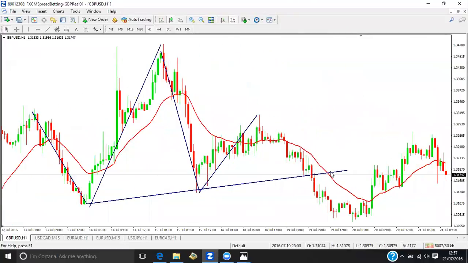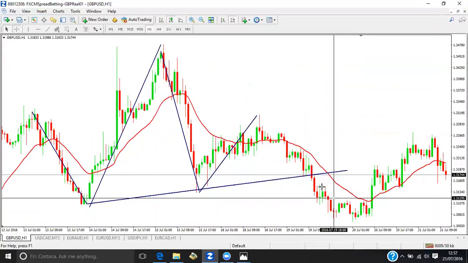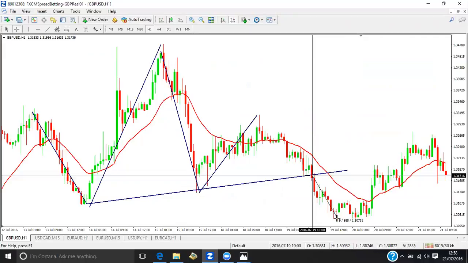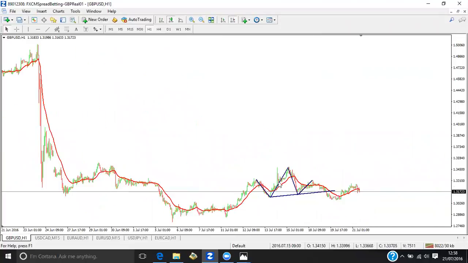Once it breaks that neckline, you'd have your trade set up here, and down it went, 97 pips in full move. So yeah, that's a bearish head and shoulders. As you can see, it's called head and shoulders because you've got shoulder, head, shoulder, neckline, and that's how that is.